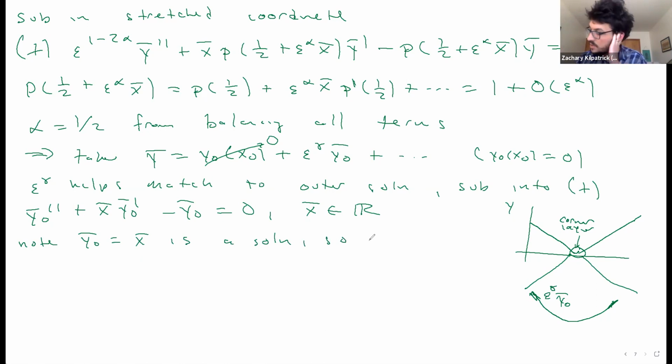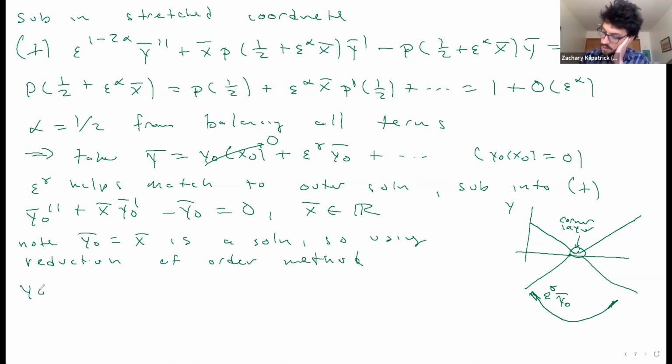So we can use what's called the reduction of order method. We have that solution. And I can send you more details on the reduction of order method if you want.